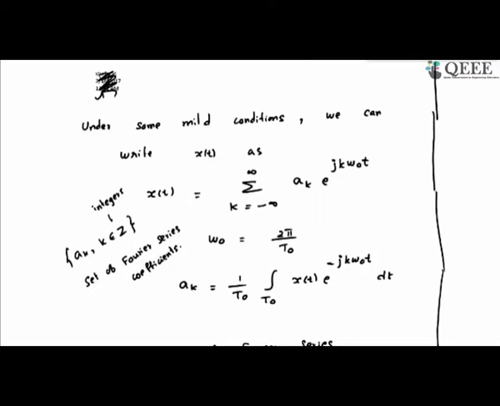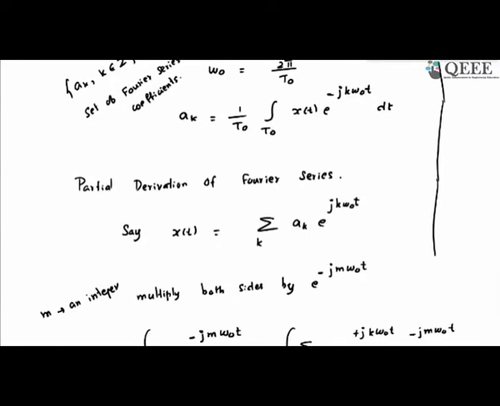The a_k are the Fourier series coefficients. They form an equivalent representation of the signal. Once you have the Fourier series coefficients, you know everything about the signal, and it will be useful to study LTI systems.